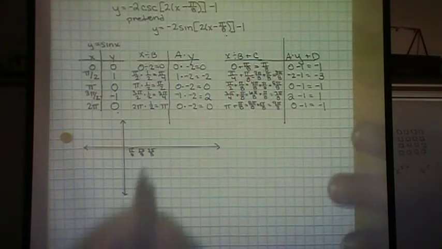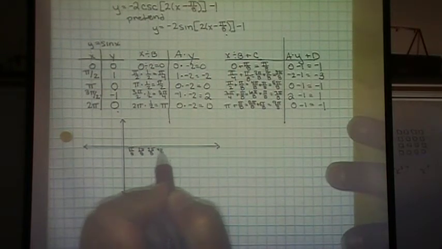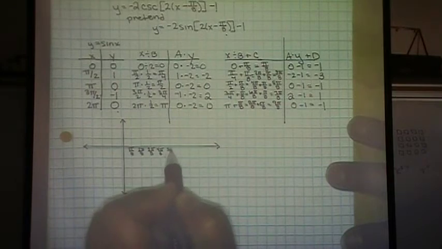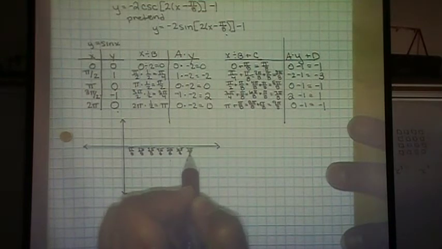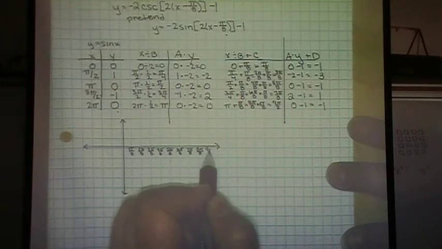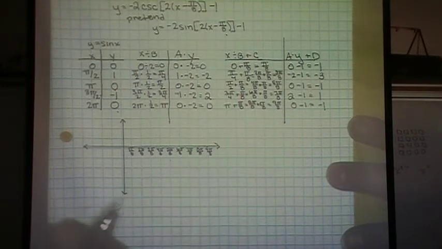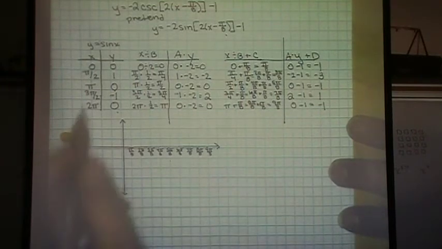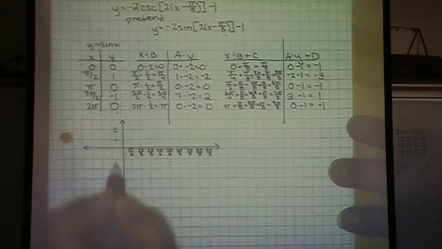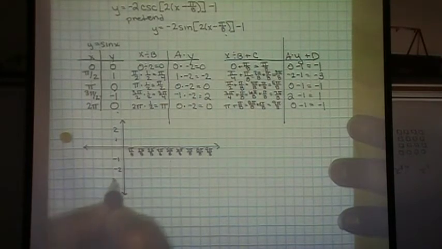I'll keep going. 4 pi over 8, 5 pi over 8, and so on up to 9. Okay? We could have counted every other one, as long as you keep your scale consistent. On the y-axis: 1, 2, 1, negative 1, negative 2, negative 3.